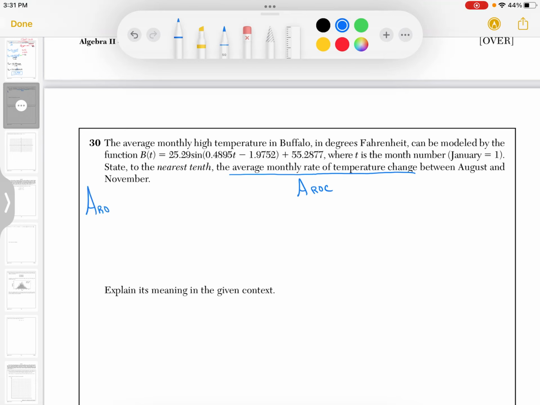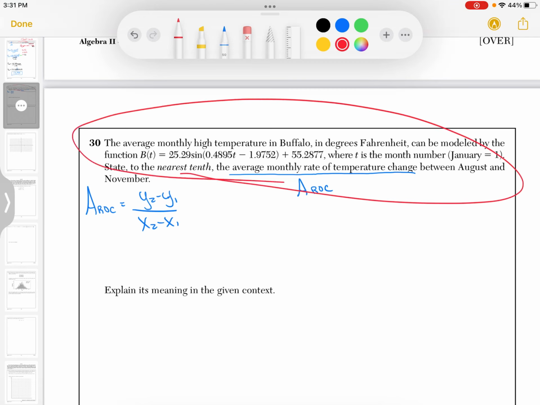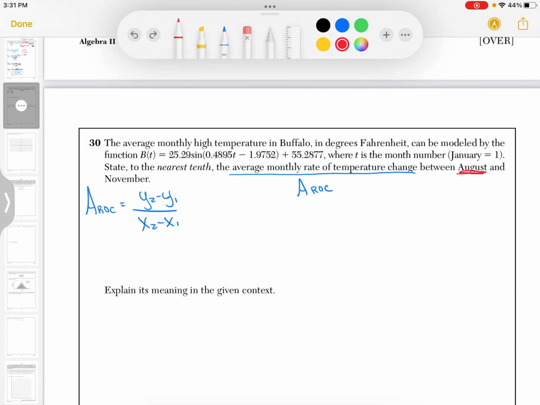So I need my average rate of change formula, which is y2 minus y1 over x2 minus x1. Now it tells you the interval of points to use. It doesn't specifically give you the points anywhere in the problem, but it says between August and November. Now, I'm using T for this one instead of X and Y. T is the month number, so August is T equals 8, and November is going to be T equals 11.